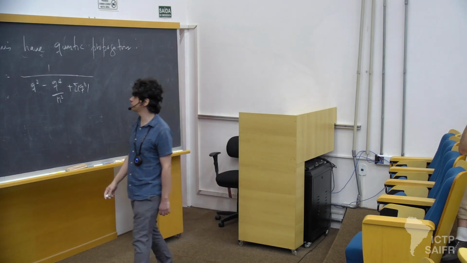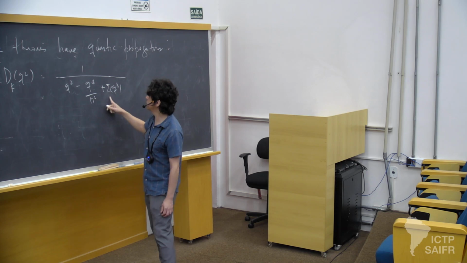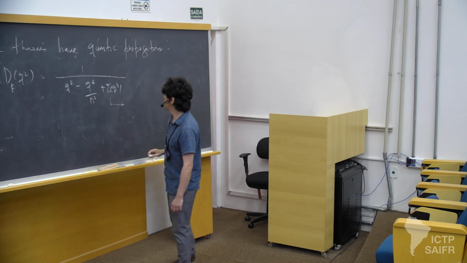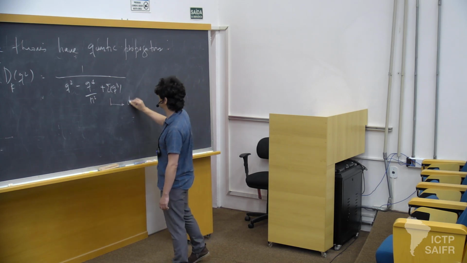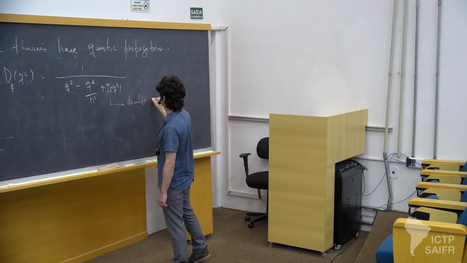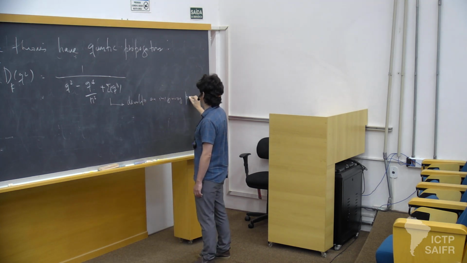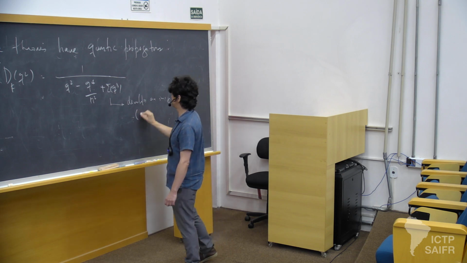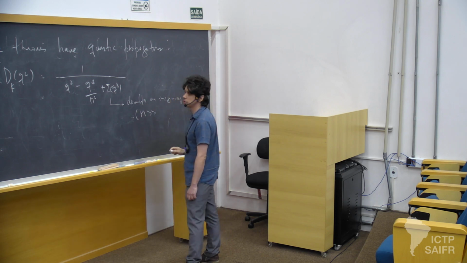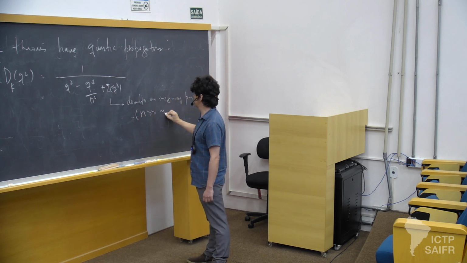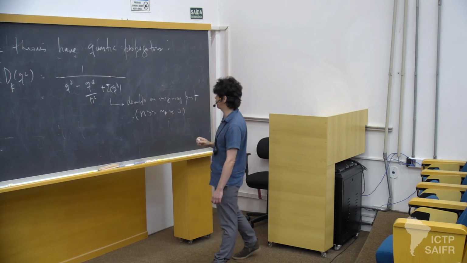So as we have seen, this guy here develops an imaginary part. Since M is much greater than M phi, and we are just considering M phi close to 0.